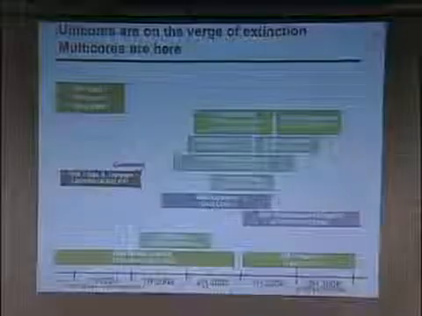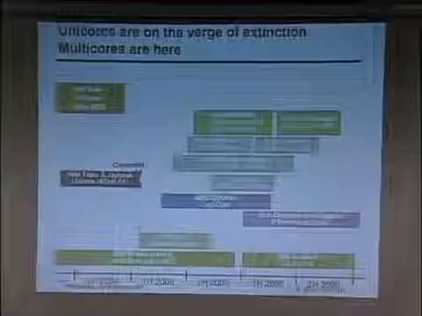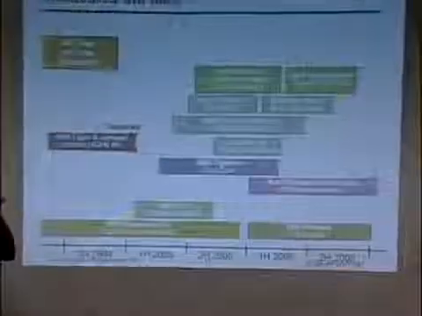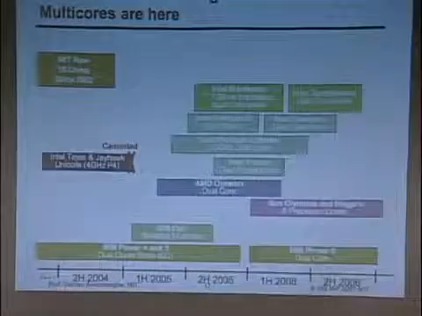The unicores are a dying breed. The last big one was Intel, which had projects trying to build very fast, amazing superscalar machines. All those projects got cancelled because they could not get the performance, and the power was way too high. As you see, more and more multicores are coming in.